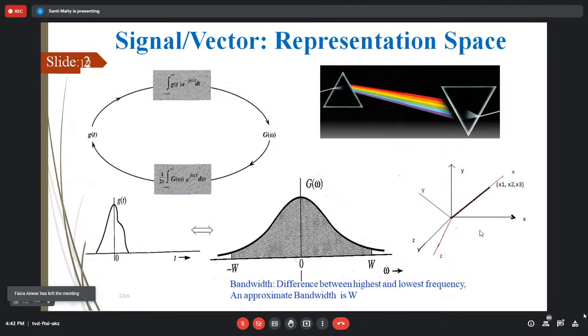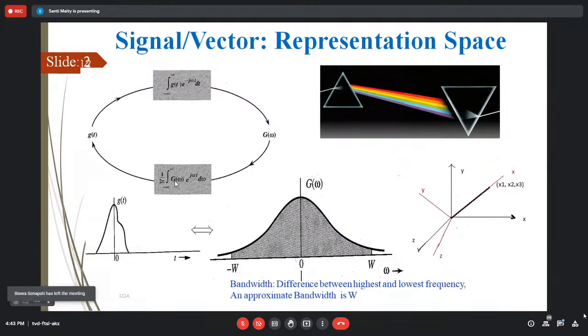Like here, this vector or this stick can be simply represented by a dot, and if you consider x1, x2, x3, you can represent this whole thing by the dot. So this vector or this signal or pattern can be represented by only this tip with these three coordinates. Same thing, a time varying function in an orthogonal signal space can be represented by a dot.